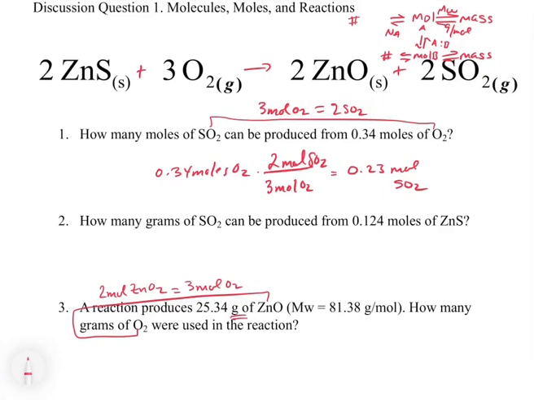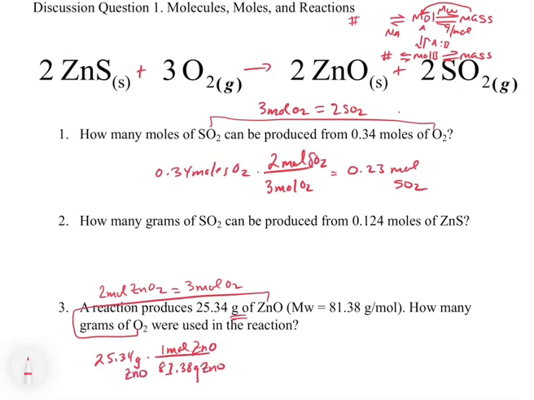So we have to go from grams to moles in order to get to the moles of O2. To do that, we use the molecular mass. We have 25.34 grams, and we're given the molecular weight in this problem of 81.38 grams for every 1 mole of zinc oxide.